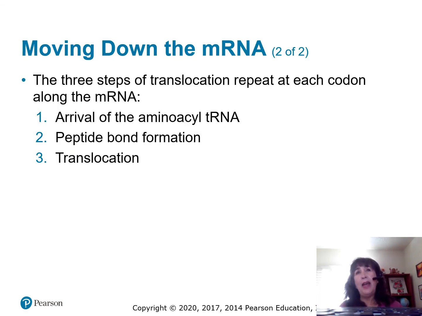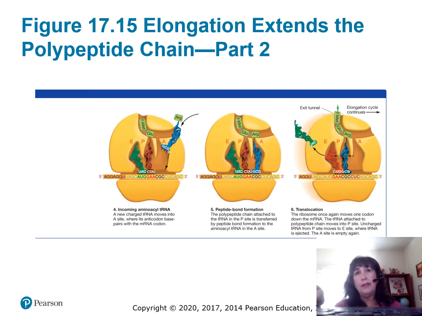Okay, so moving down the messenger RNA. It arrives, a peptide bond is formed, and then the transfer RNA exits, and the ribosome moves. So this is going to continuously happen as the ribosome moves down the messenger RNA to read it and to form a protein. So here's the end of that.